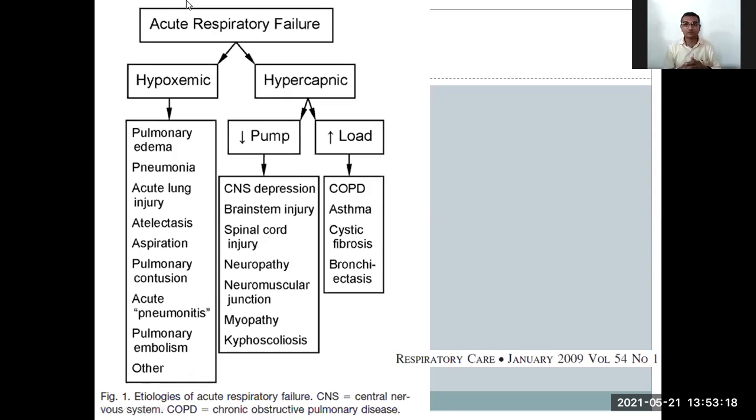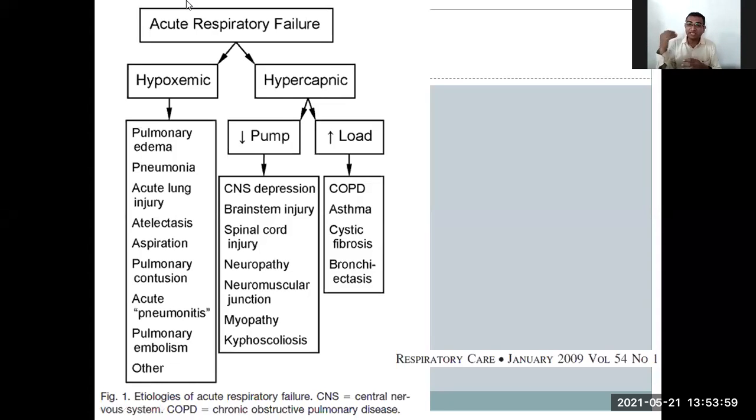When the phrenic nerve does not work properly, with CNS depression and respiratory depression, you cannot take a deep breath. Again, brainstem injury, high spinal cord injury, phrenic nerve neuropathy, neuromuscular junction problems, diaphragm myopathy, or kyphoscoliosis, because of restrictive disorders, you will not get proper working, and that is hypercapnic. You'll have more carbon dioxide, more respiratory acidosis. That is because of pump failure.